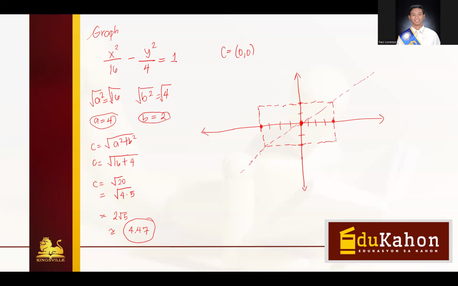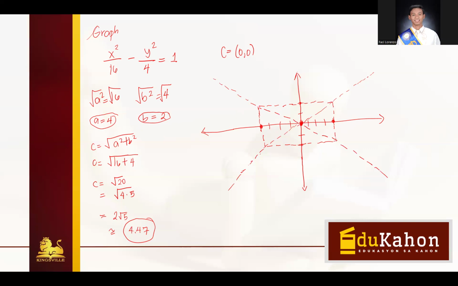And we try to make a trace line for the asymptotes. Okay, now we have the asymptotes, and now we try to locate the value of your foci.